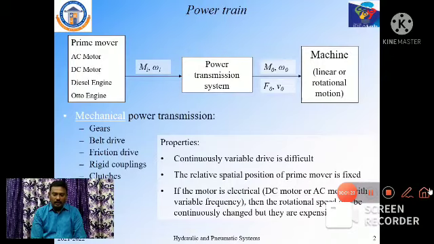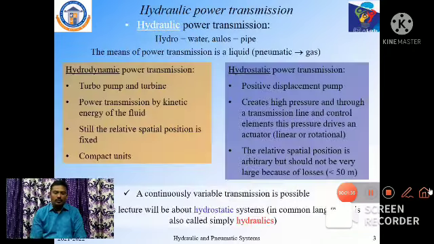If the motor is an electrical drive, DC or AC with variable frequency, the rotational speed can be continuously changed, but they are expensive. So we go for hydraulic power transmission systems.